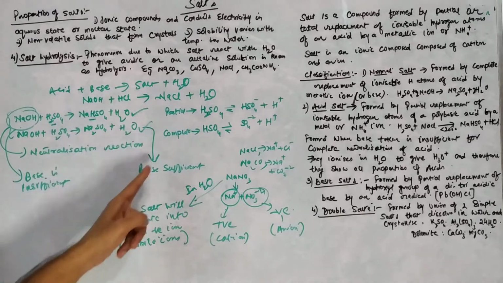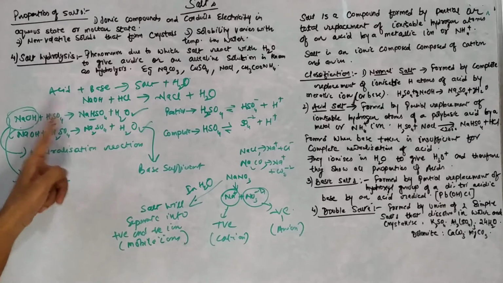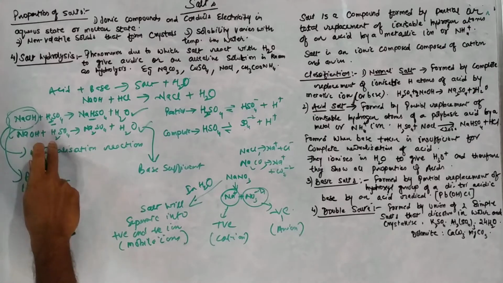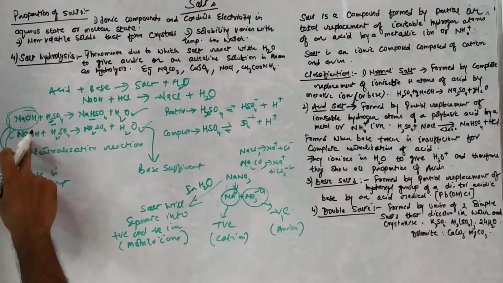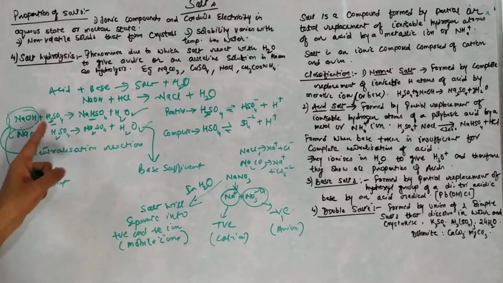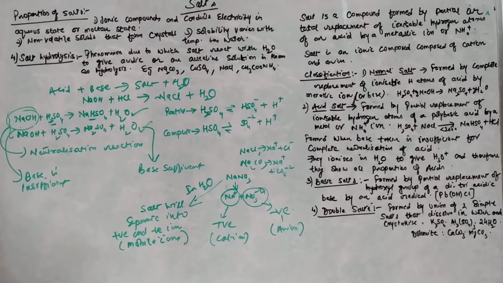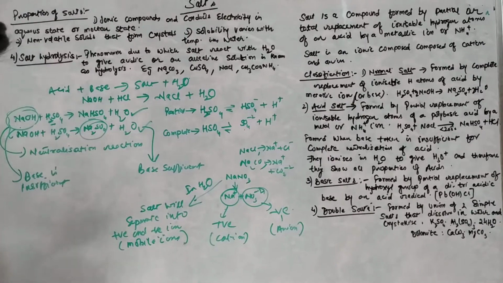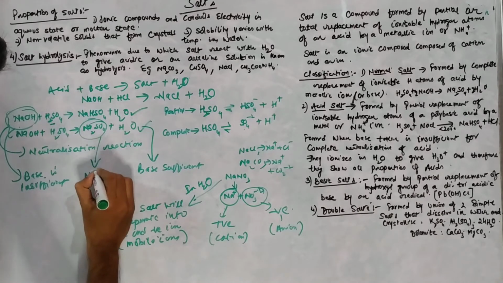in the second reaction, in sufficient quantity, it completely neutralizes the acid, or we say this base replaces both the hydrogen atoms of the acid, forming salt and water. So in this case, the salt that is formed by complete replacement of hydrogen atoms, and this salt does not contain any hydrogen atom, is known as a normal salt.